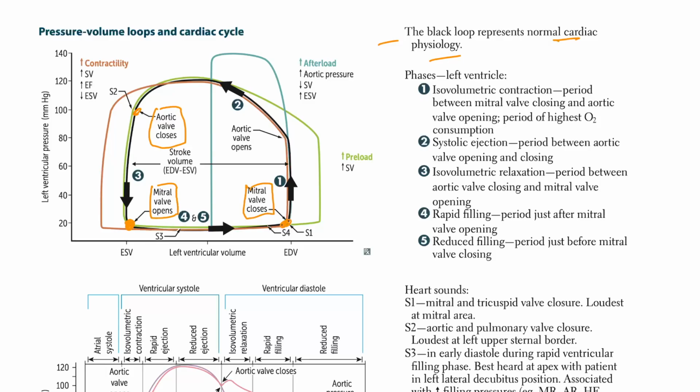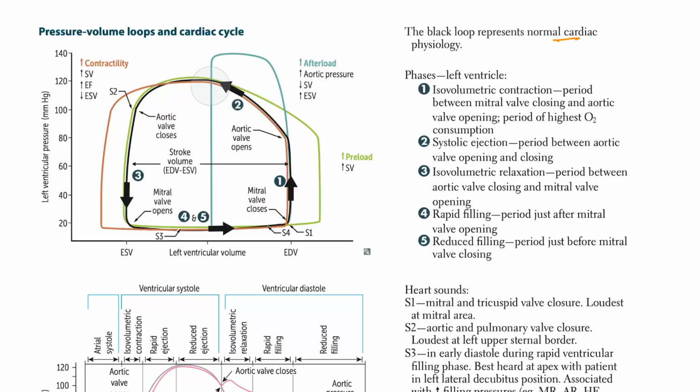Pressure builds up until the aortic valve opens, and then the blood goes out of the left ventricle until it expels the whole volume, and then the aortic valve closes and the pressure decreases, and again filling starts.